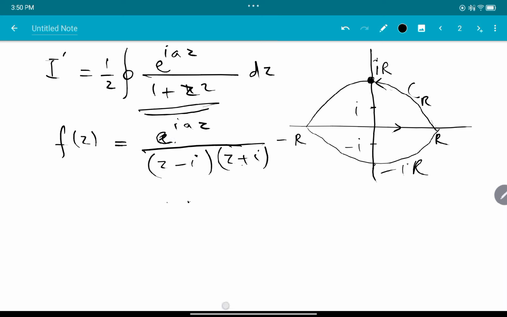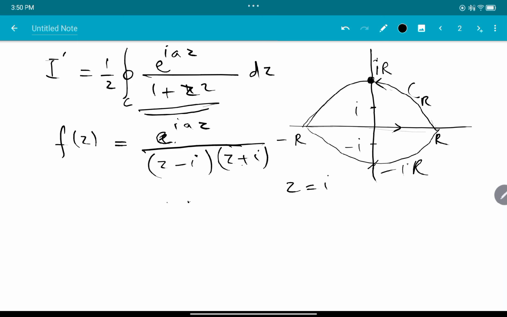Now, z equal to minus i I will not bother about, because that is not within my loop. My loop goes from minus R to plus R to C and back to minus R. The lower part of the loop is not included in my C. So z equal to minus i is not a singularity for me for this loop.